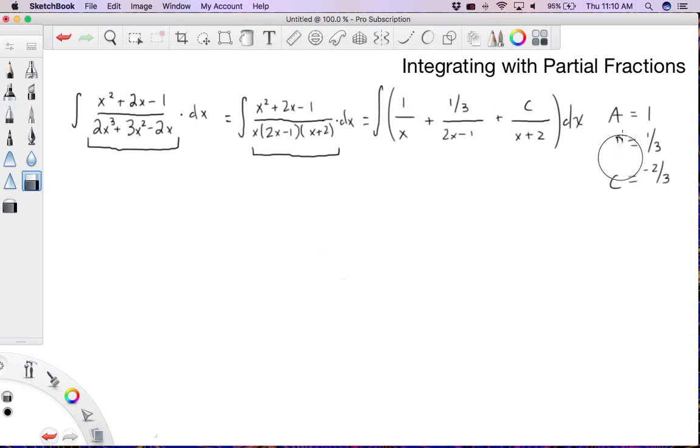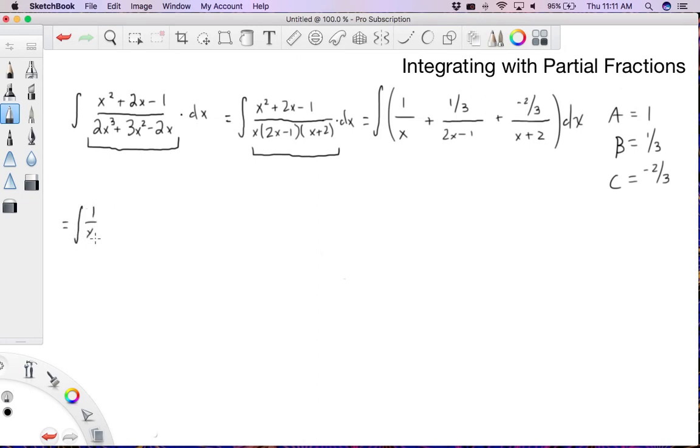Okay, so we just reduced our one very complicated integral into, well, ultimately this is going to be 3 less complicated integrals. Oh, I forgot to plug in c. C is negative 2/3. Okay, so what this is going to do is turn our one integral into 3.